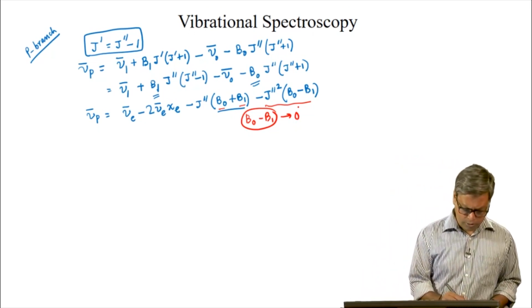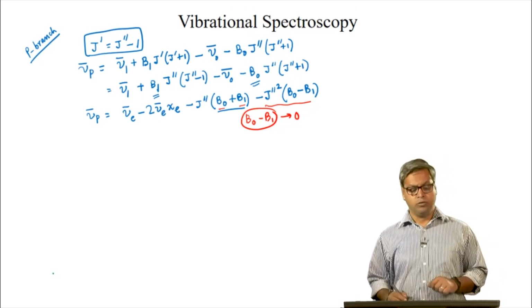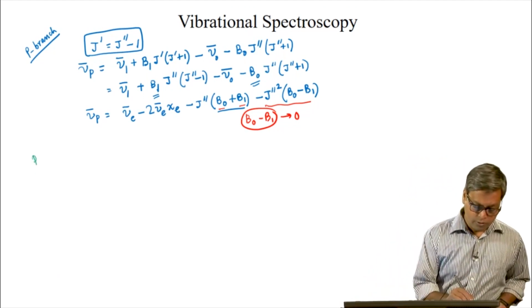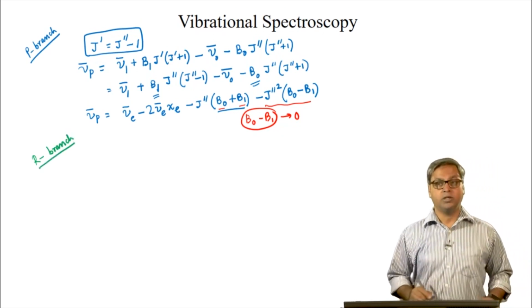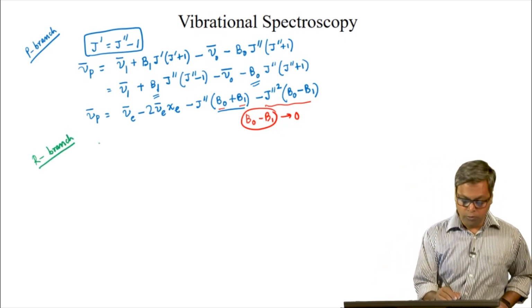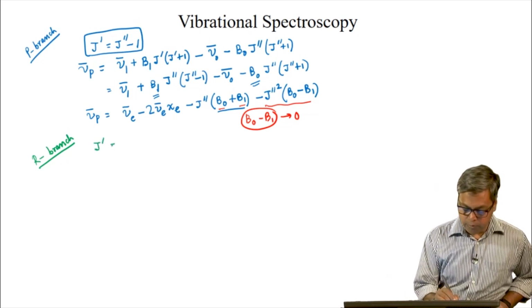So, now let us look into the R branch. For the R branch we know that J prime equals J double prime plus 1.